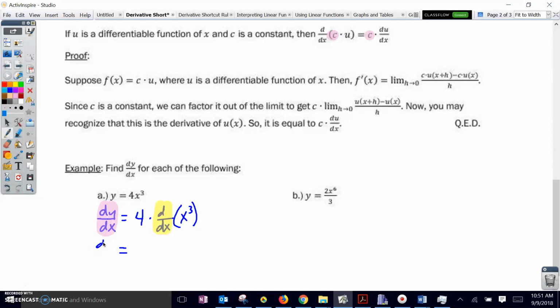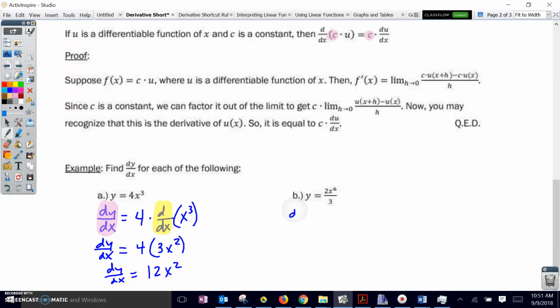So I need to take the derivative of x to the third here. Continuing on, dy dx is equal to 4 times the derivative of x to the third, which is 3x squared. And therefore dy dx is 12x squared. Alright, in the second one, I've got y equals 2x to the sixth over 3.